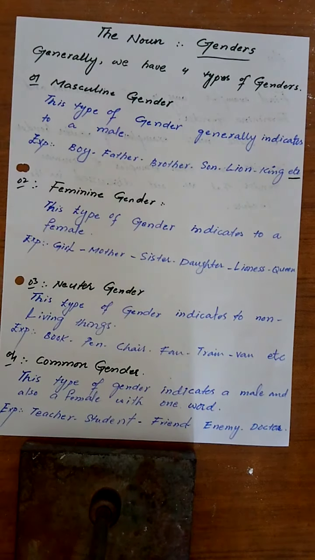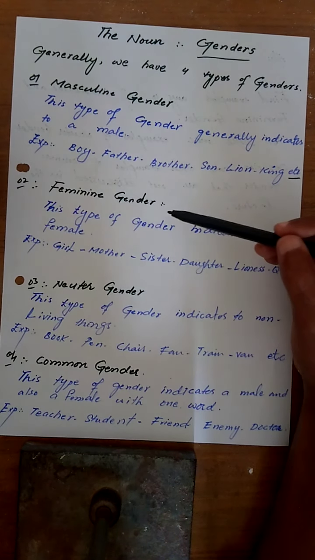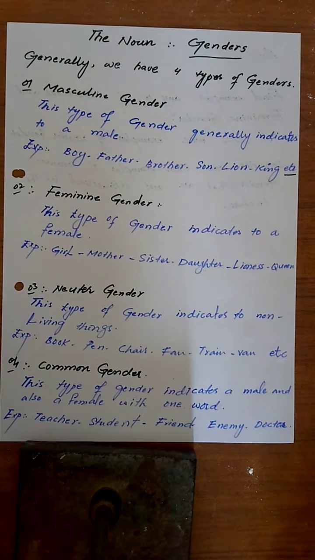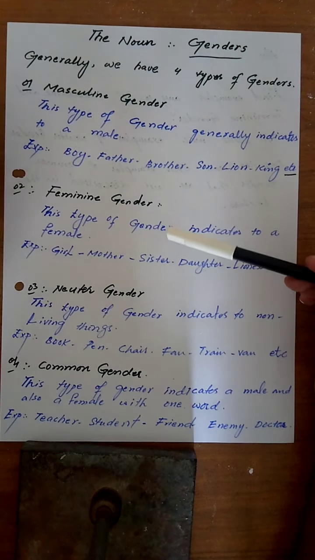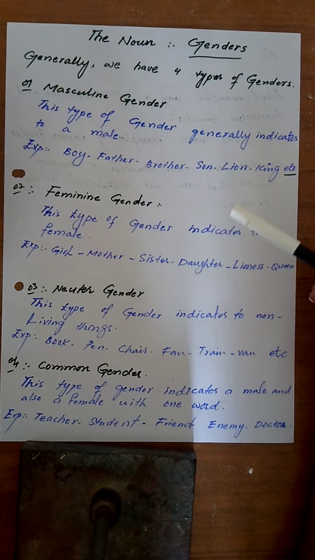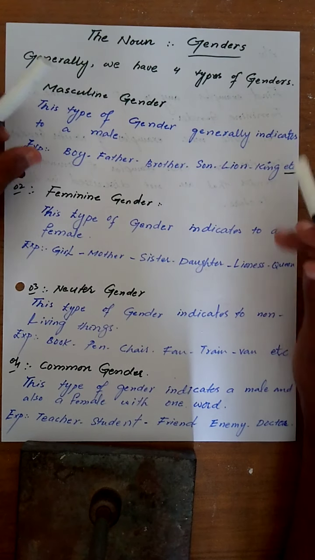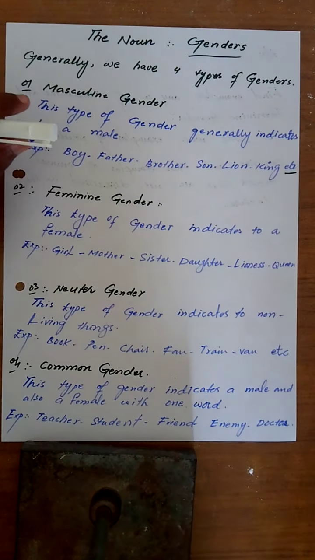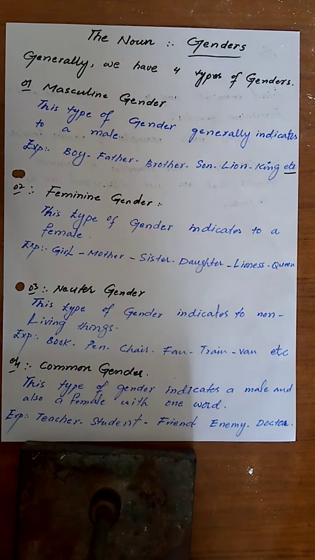So now we will continue our lecture from here. Then feminine gender, number 2 type of gender. This type of gender generally indicates a female, like girl, mother, sister, daughter, lioness, and queen.